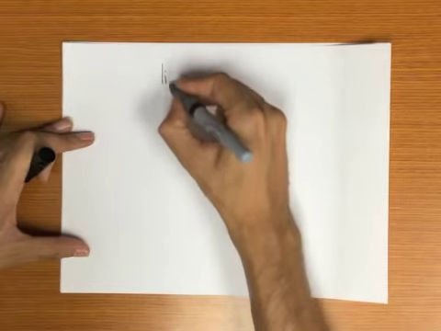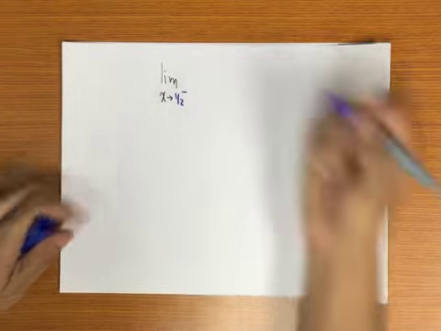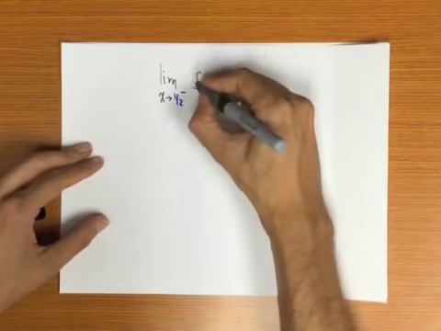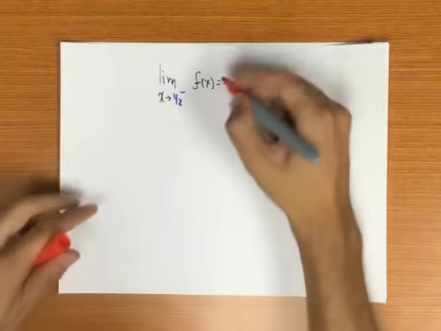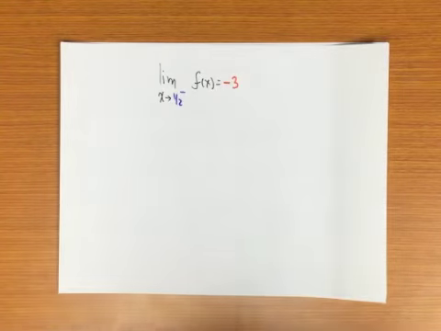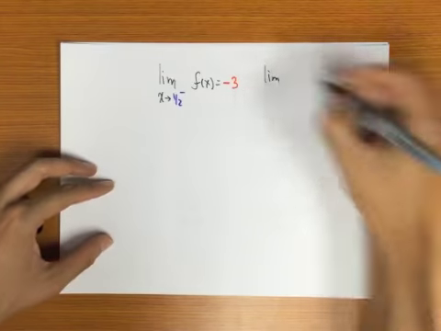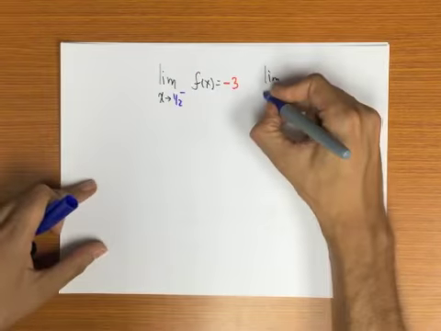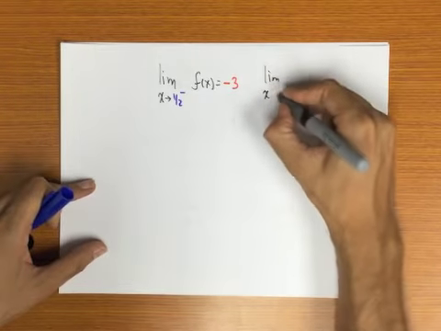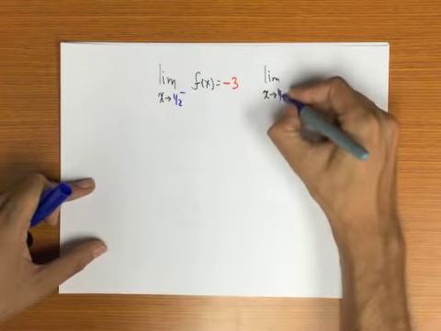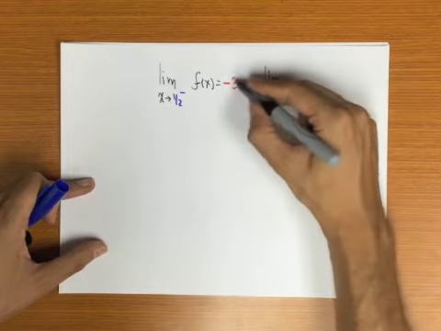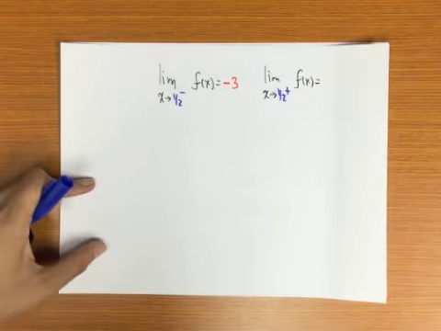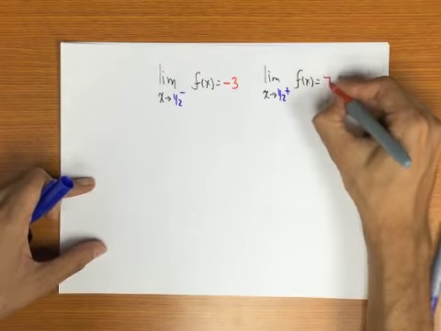So the meaning of that is that, imagine that we have, let's say, the limit when x approaches 1/2 from the left of f of x is equal to -3. And the limit when x approaches the same number 1/2 from the right, instead of being -3 is, let's say, 7.